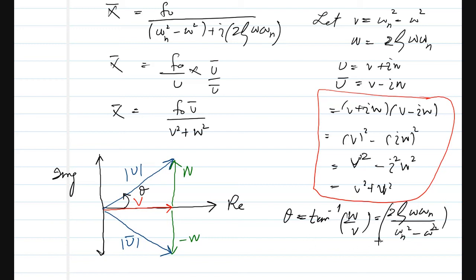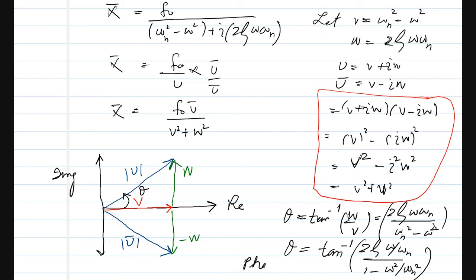Simplifying by taking omega n square common from the denominator and dividing it above, you get tan inverse of 2 zeta omega over omega n divided by 1 minus omega square over omega n square. Clear? This theta is called the phase angle or phase difference, which we will discuss later. But this angle theta is very important in determining the response of the system.